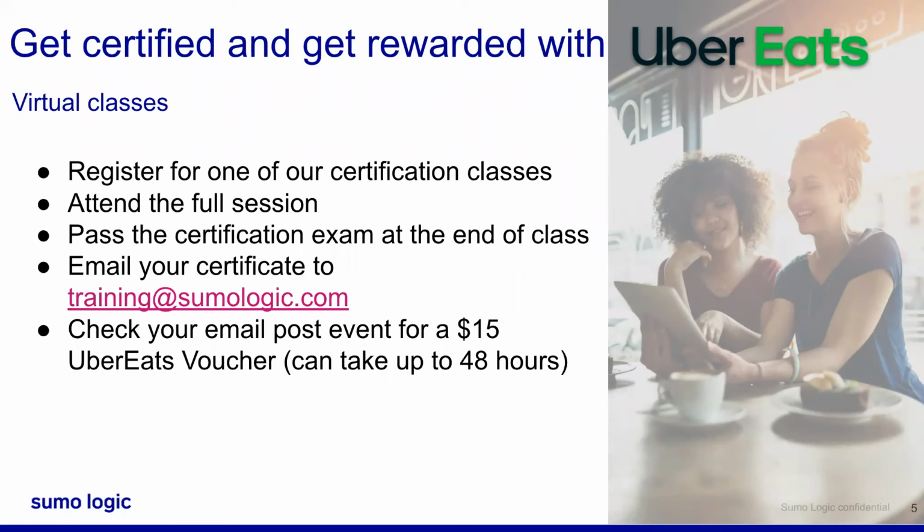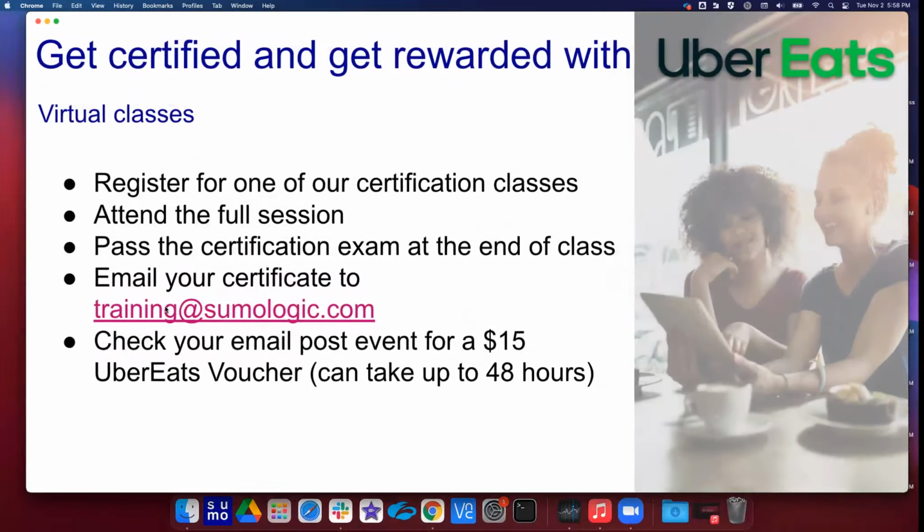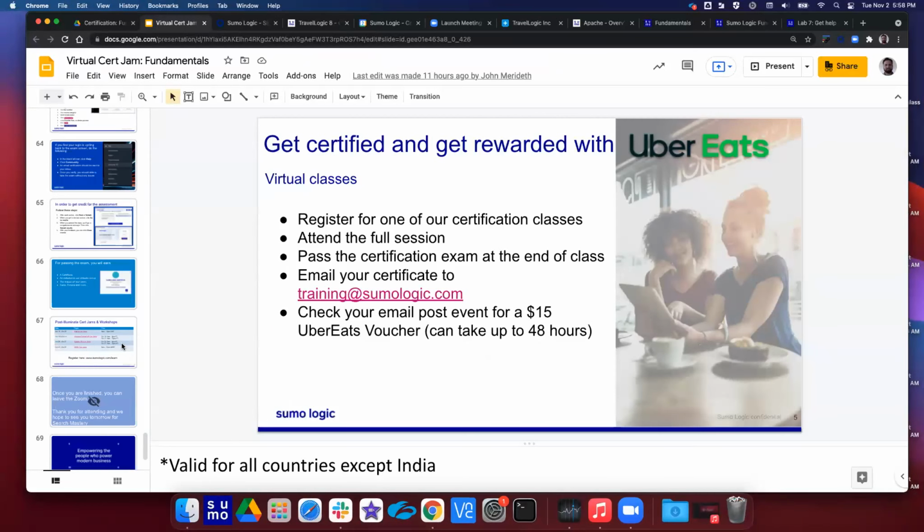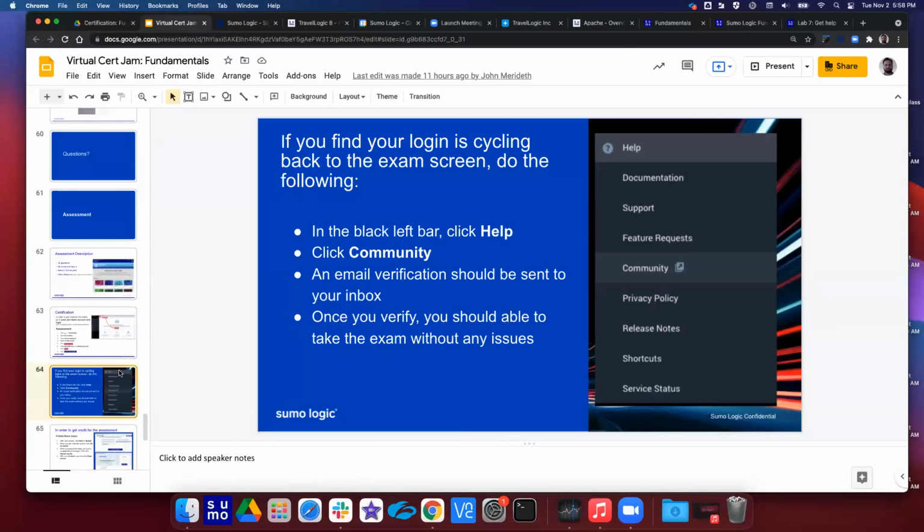Roop just asked a question about having SSO enabled for corporate Sumo Logic, and it's directing them back to the home screen. I'm going to put the link there. If you follow these steps of going to help and community and email, that should fix it.